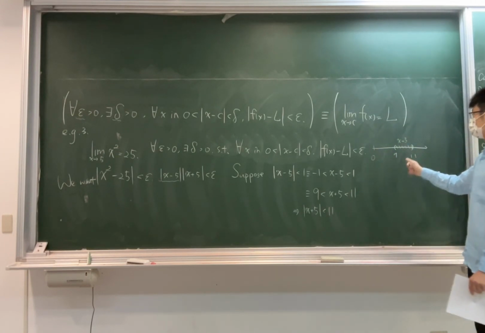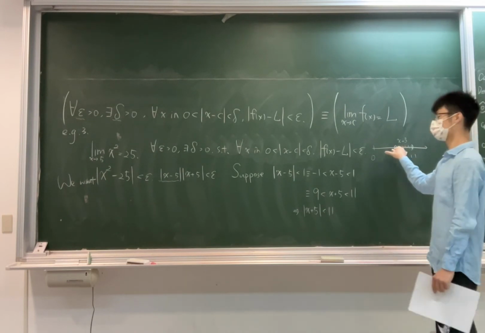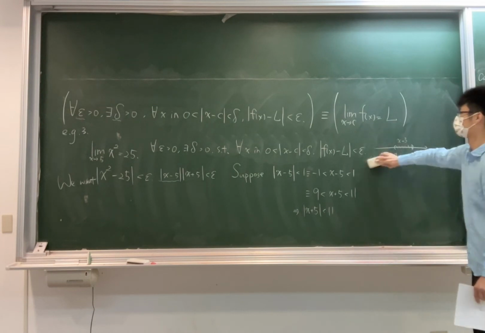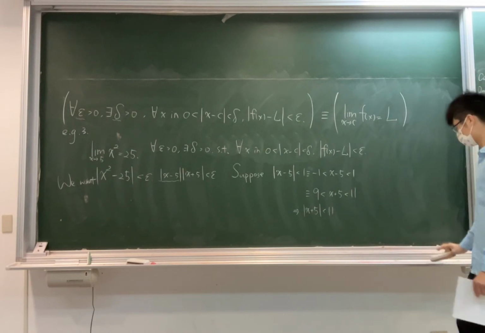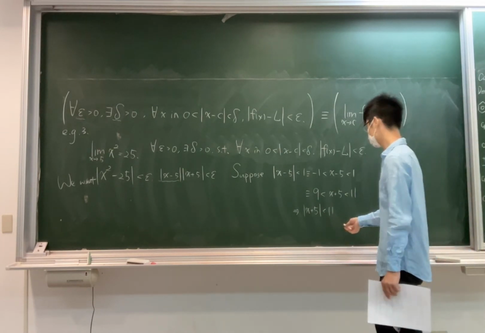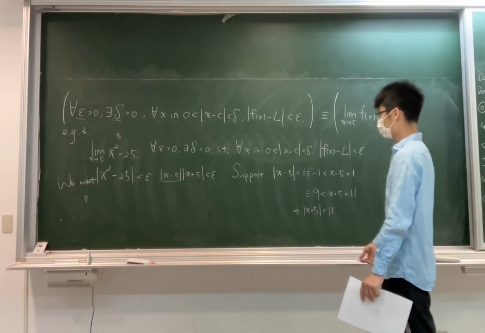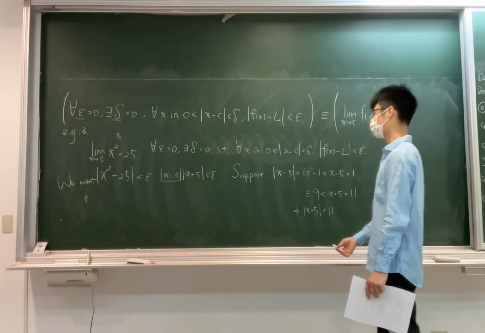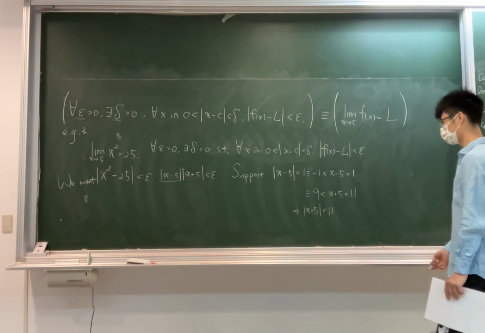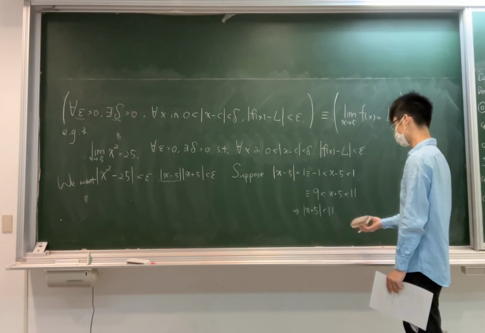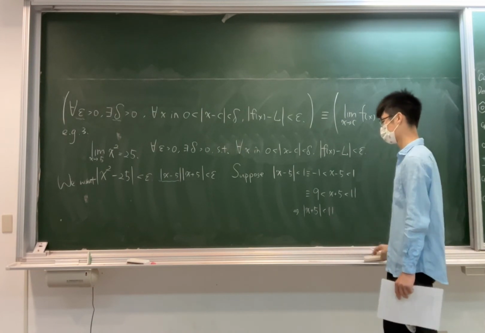So the absolute value of x plus 5 is definitely less than 11. Okay? This is acceptable, okay? So in the case of the absolute value of x minus 5 being less than 1, we have the conclusion that the absolute value of x plus 5 is less than 11.